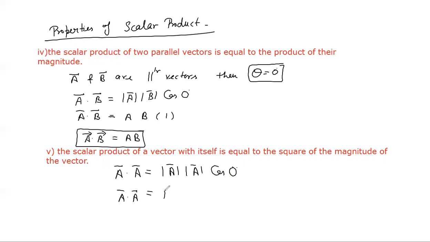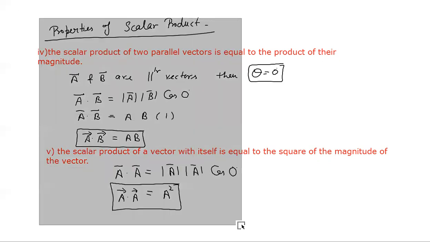A dot a equals a square. So a vector dot a vector equals a square. This is the fifth point. A dot a equals a square.